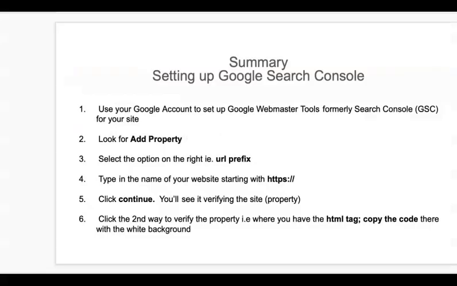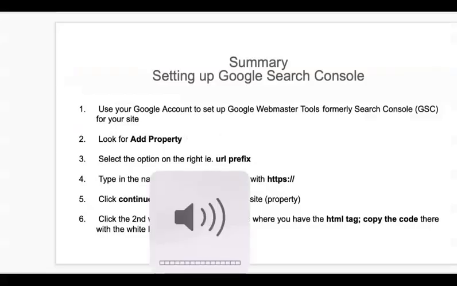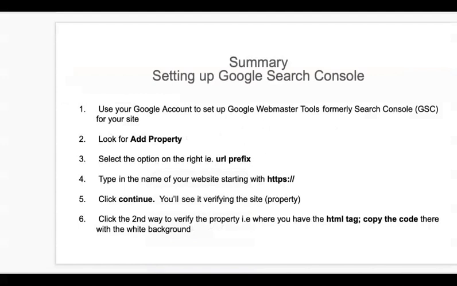Now let's look at a summary of setting up Google Search Console, or Google Webmaster Tools. You use your Google account to set up Google Search Console for your site. Look for Add Property. Select the option on the right, that is URL prefix. Type in the name of your website starting with https://.